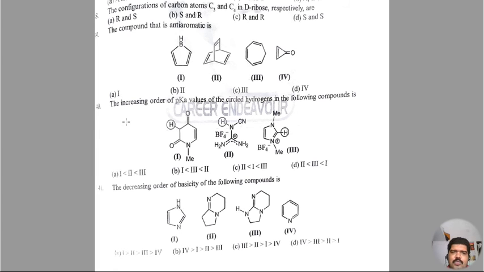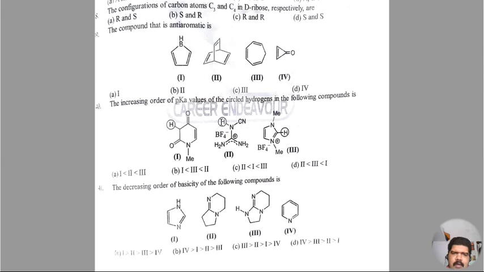Now looking at the next question, the increasing order of the pKa values of the circled nitrogens in the following compounds. Increasing order of pKa means decreasing order of Ka, or decreasing order of acidity. That's what is asked here. Now coming here, this circled carbon, if you release this hydrogen as H plus, you can have a negative charge here, which will be stabilized by these 2 carbonyl groups.